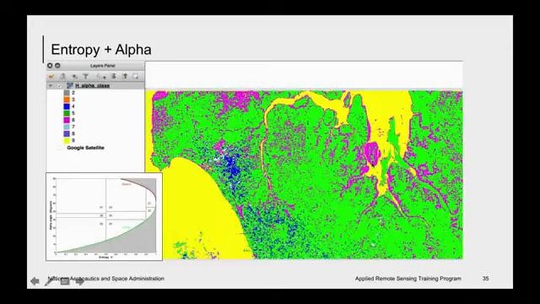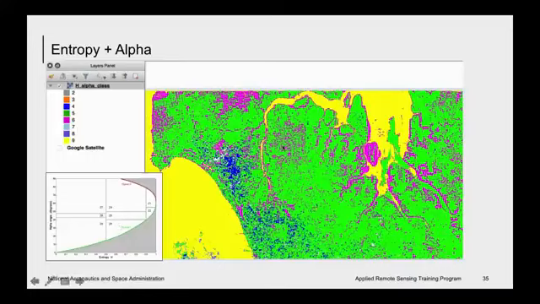These pink areas are more disturbed areas that have bare ground, so disturbed sites near forested areas, as well as mud banks that are bare ground. So this is zone 6, which if we go back into our curve here, they have a lower entropy. Or I'm sorry, they have medium entropy, and they have a lower alpha angle, which indicates surface scattering.